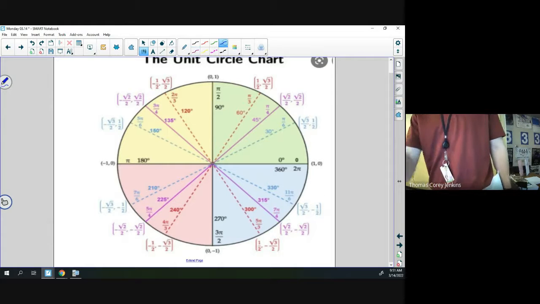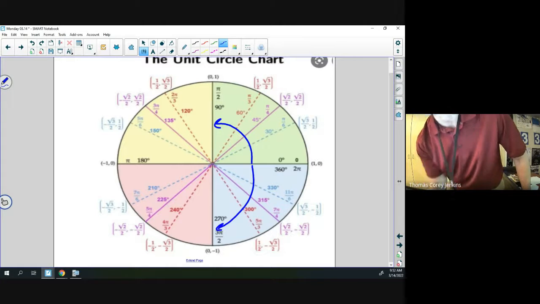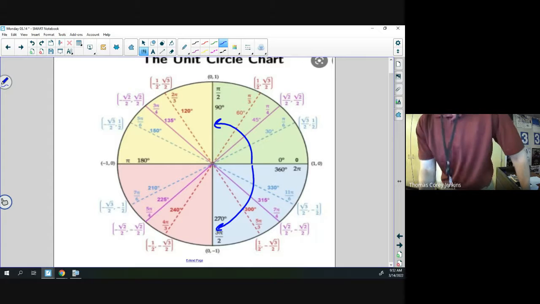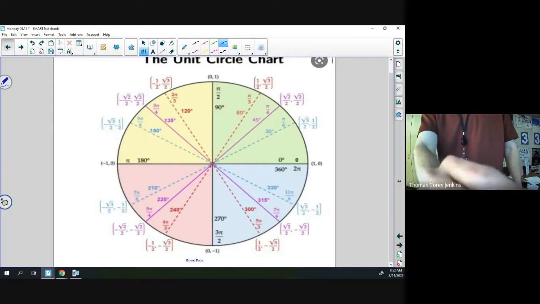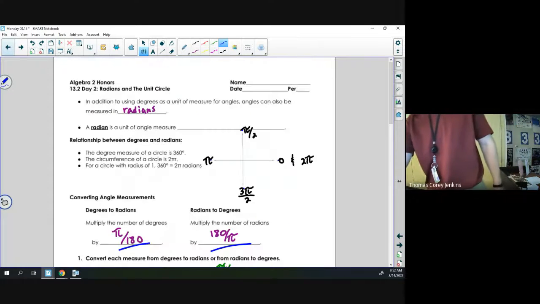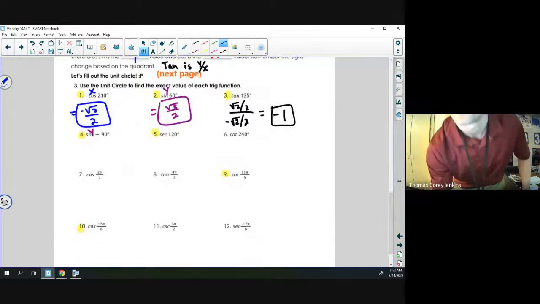You can see visually, this is 90, so if I went the other way that same amount, I'd be at 270. And if I want the y value, then I'm just looking at negative 1. So sometimes you have to do a little bit more thinking than just finding exactly what it says. So that was negative 1.